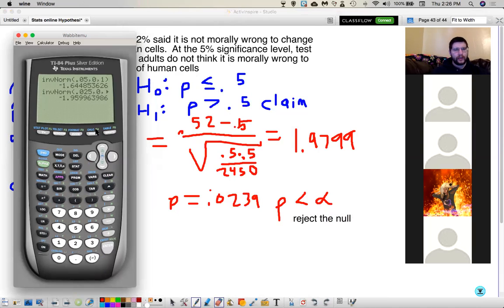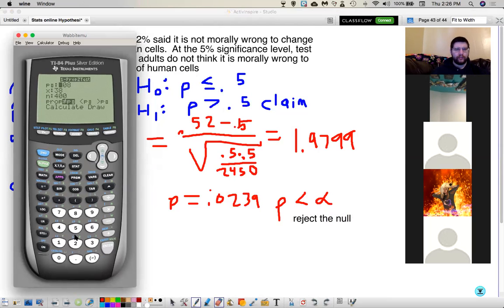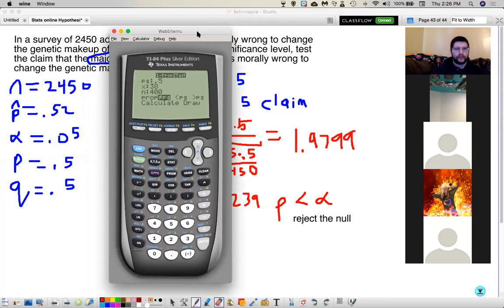Okay. So TI users, we're going to type all this information in, stat, test, number 5, 0.5 for P, and x, hope this is a nice integer, if not, we'll have to round it, 0.52 times 2450. Oh, good. Turned out to be a nice number.